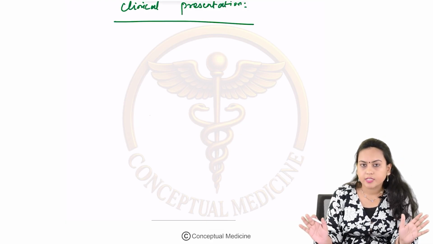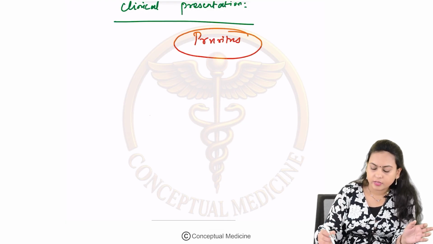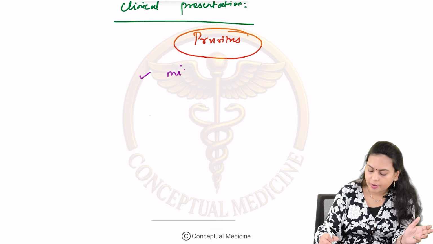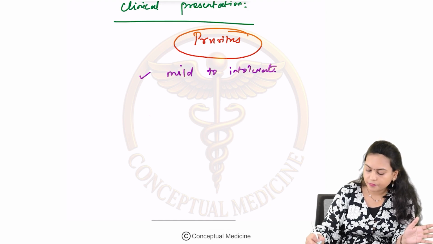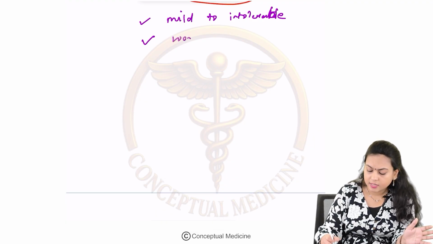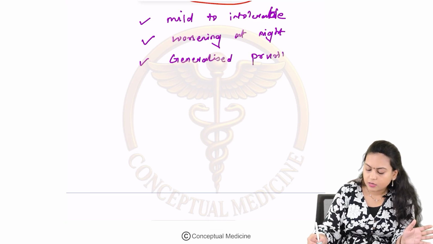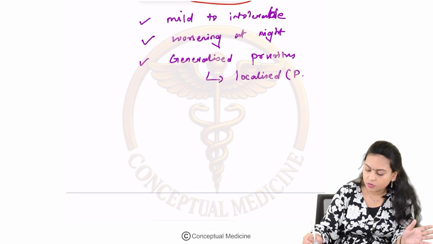The single most important presenting feature of obstetric cholestasis is pruritus. Pruritus can be anywhere between mild to intolerable in severity, and it is mostly seen worsening at night. The pruritus can be generalized, or sometimes it can be localized to the palms or soles.